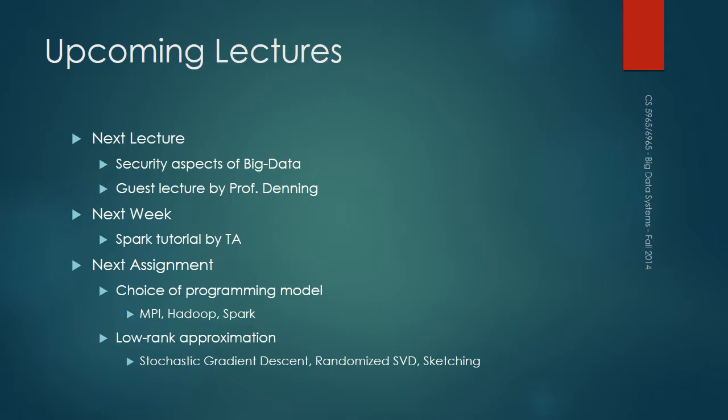I want you to implement one of these low rank approximations. You have the flexibility to choose. So it's going to be either you implement the UV decomposition using stochastic gradient descent, randomized SVD, or matrix sketching that we are going to cover today. So I want you to think about it.